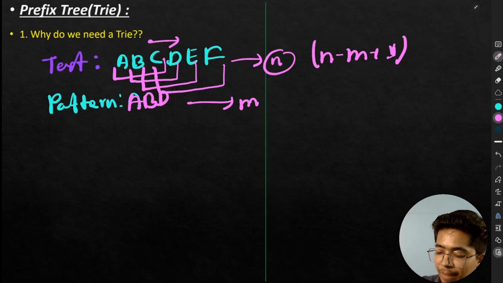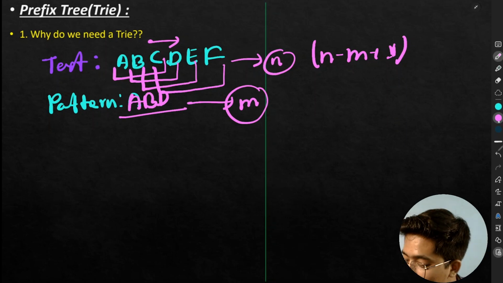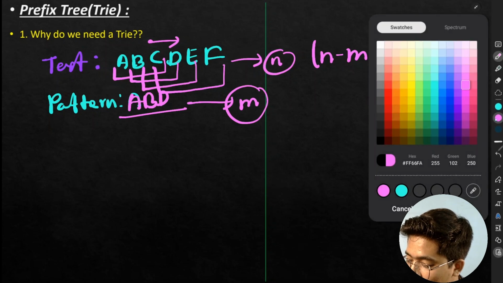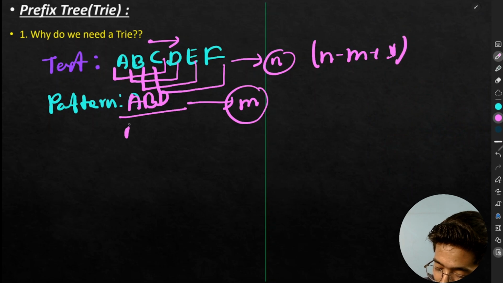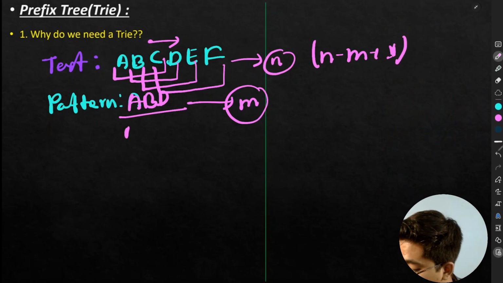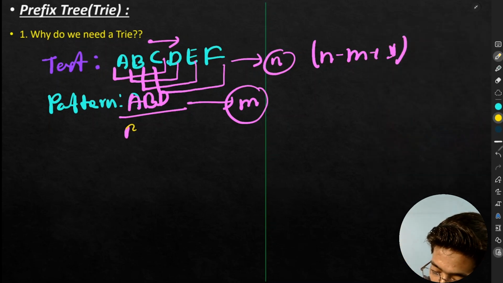Now look, the pattern has length m. Since ABD is not matching, let's change our pattern. Suppose our pattern is DEF.